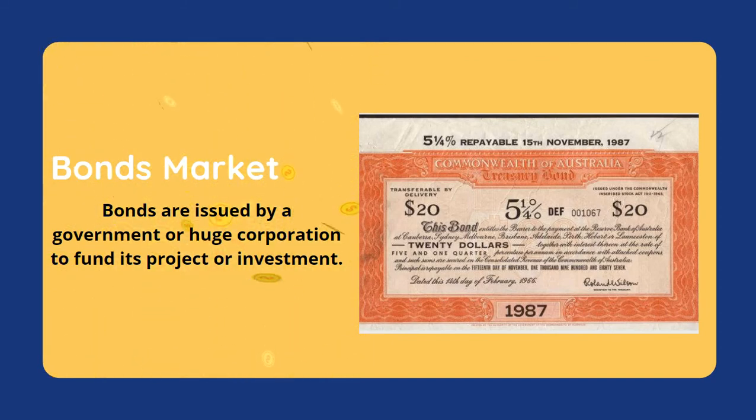So bonds is basically an utang with an agreement which states the maturity, ang interest rate, and also the principal amount. So if you are a bond holder, it is either you hold to maturity or sell the bond in the bond market.